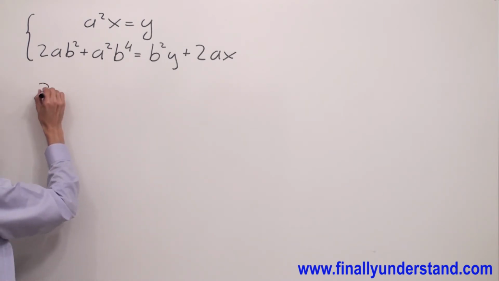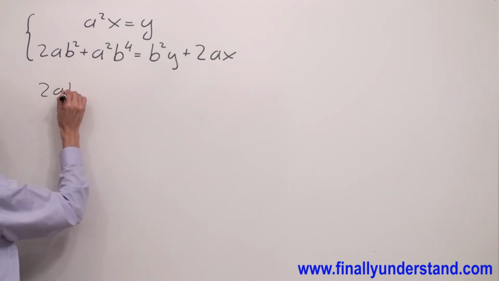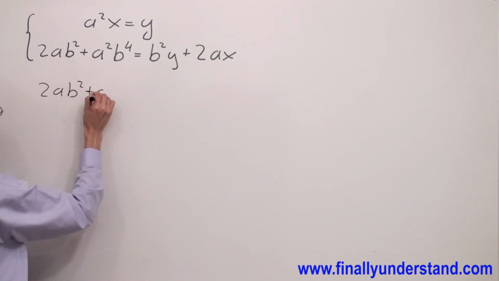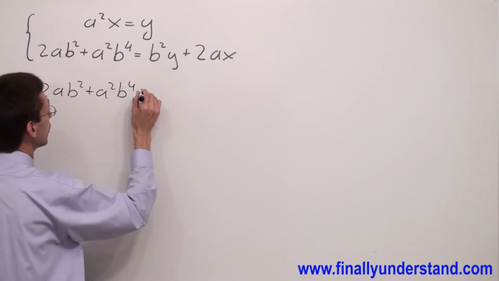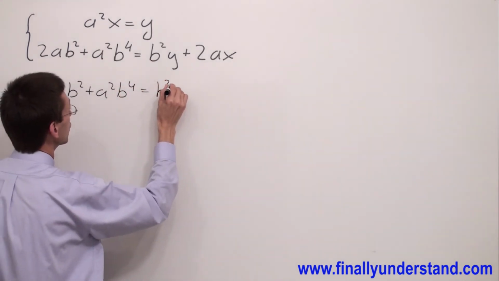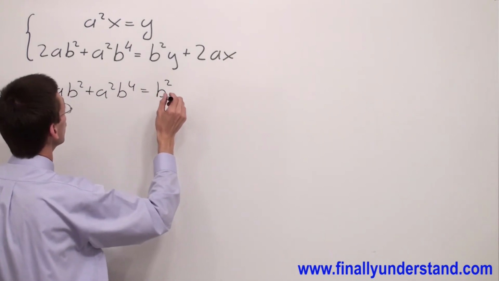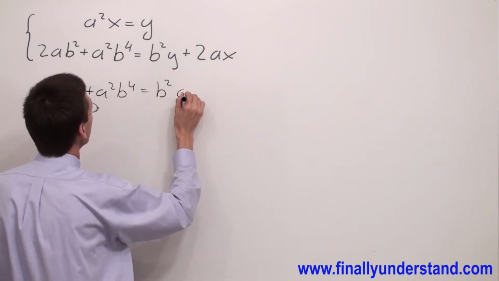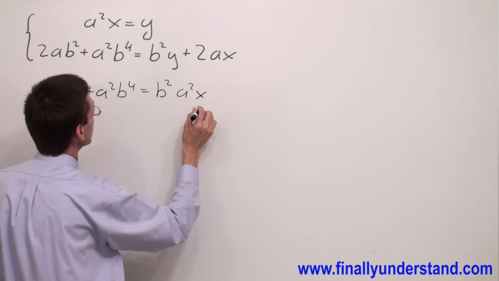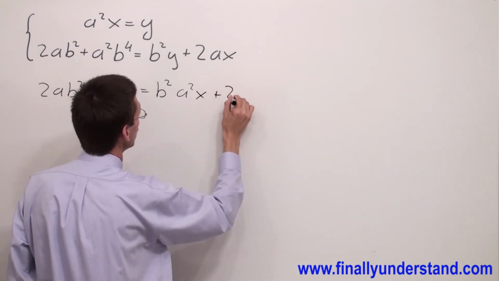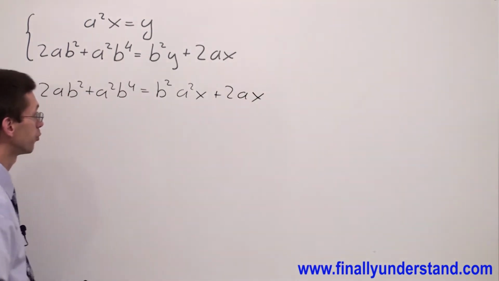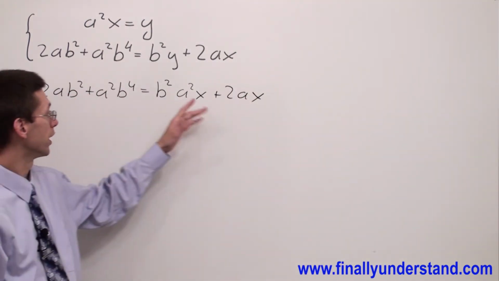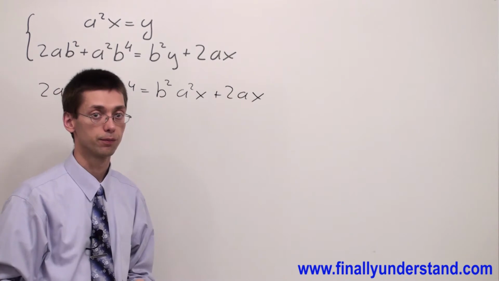So copy down 2ab squared plus a squared b to the fourth equals b squared, and instead of y I'm going to write a squared x plus 2ax. Okay, as I said, please notice we have one equation with one unknown.